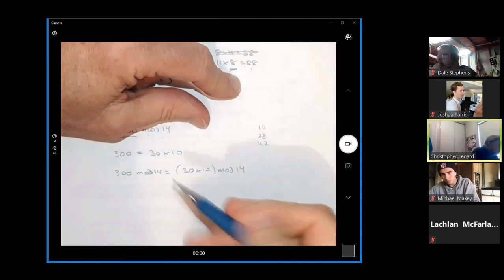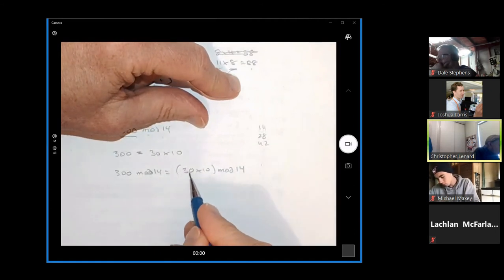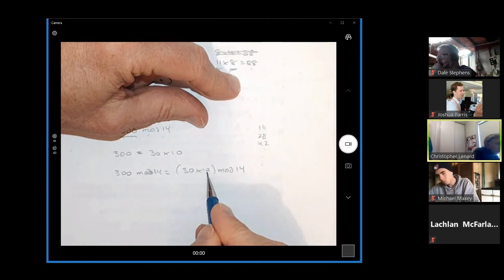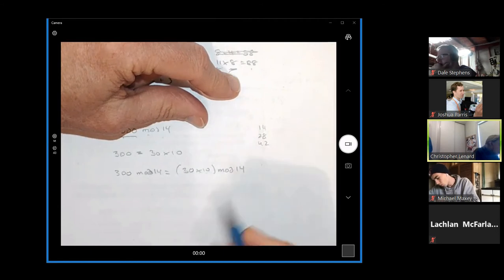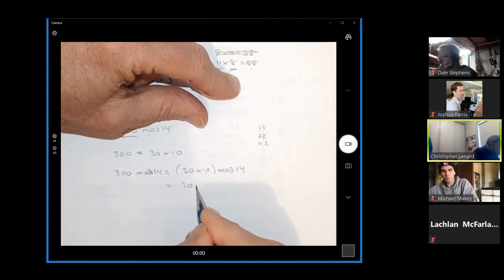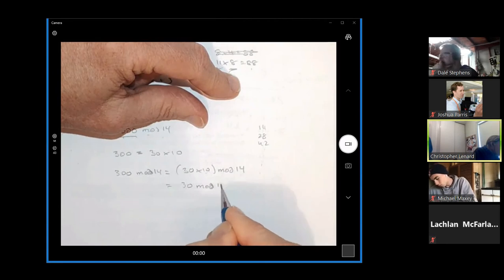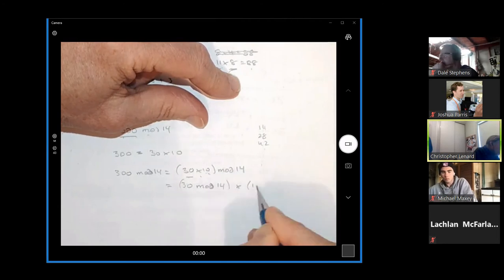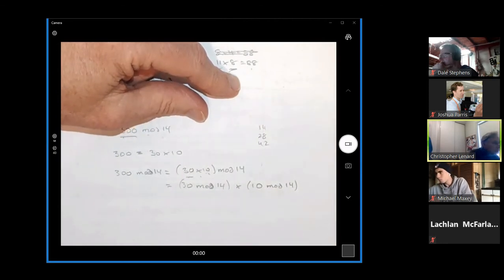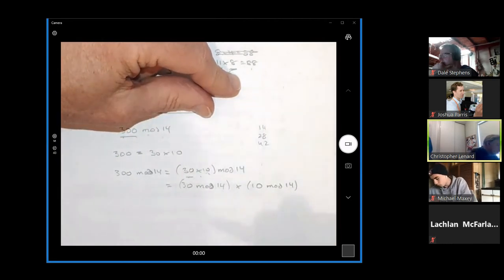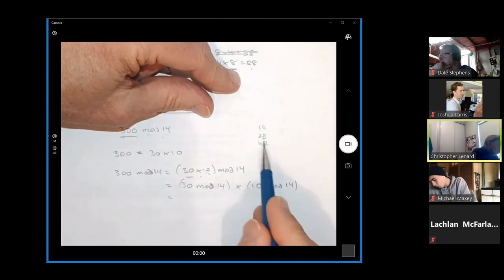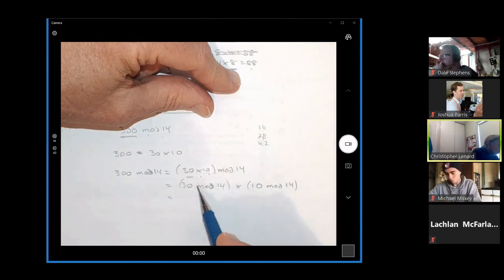And here's a neat bit. 300, which is 30 times 10, if I want to reduce that mod 14, I can do the following thing, which kind of looks obvious, but does need a bit of explanation. I can simply take 30 mod 14, take that one, and multiply it by 10 mod 14. And that's a whole lot easier, because I know that 28 is the multiple of 14 just under 30.